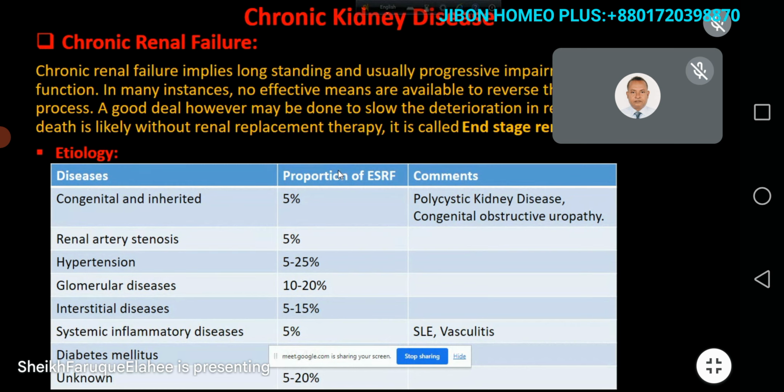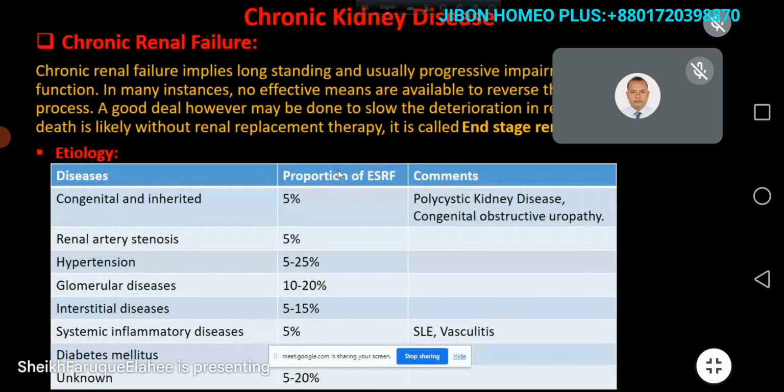Of course, if they come at a later stage, we cannot cure, and mostly we can only help them with palliative medicine. But if they come early enough and the kidney is in a reversible stage, yes, we can treat them to full cure. So let us now discuss chronic renal failure.